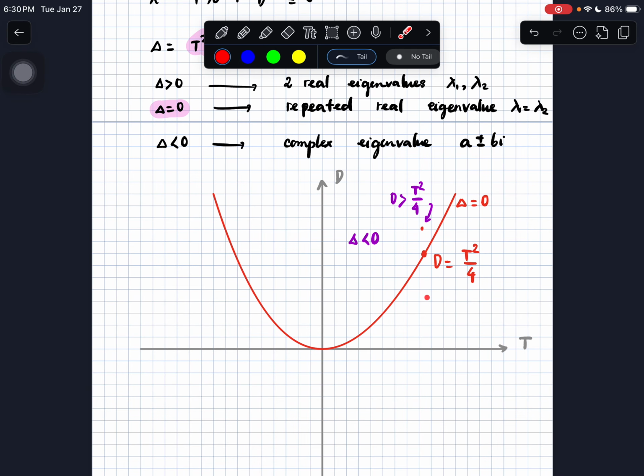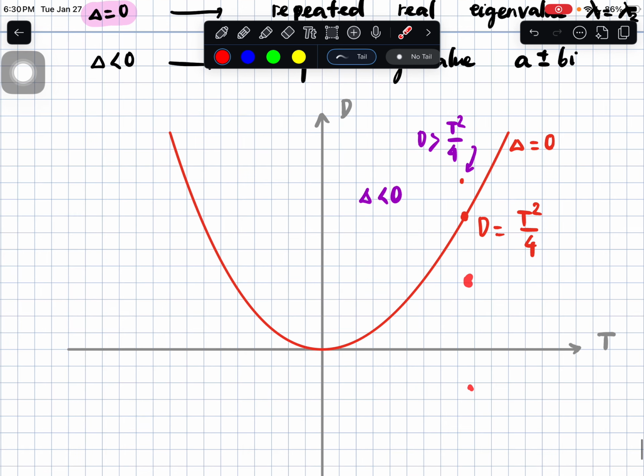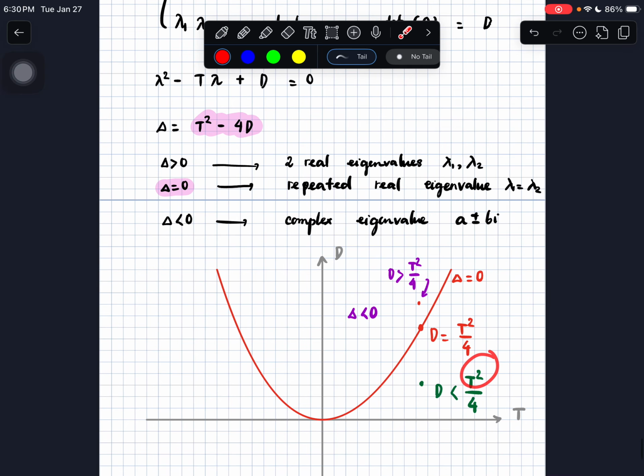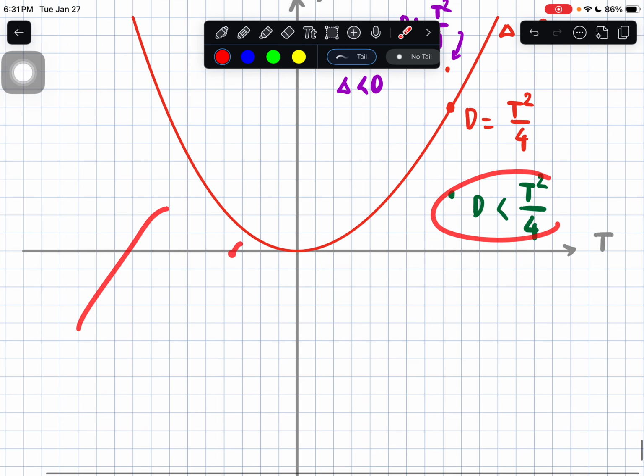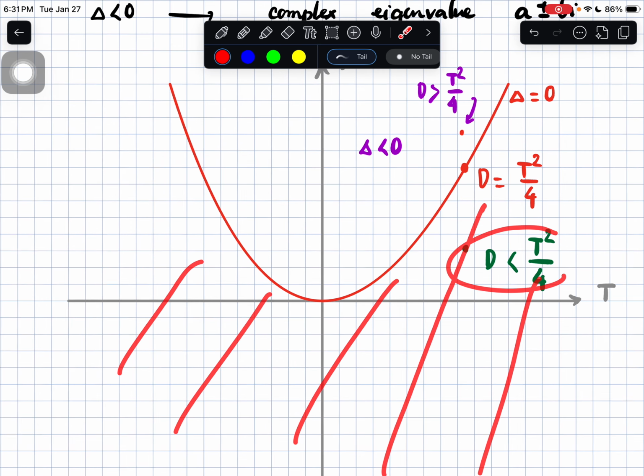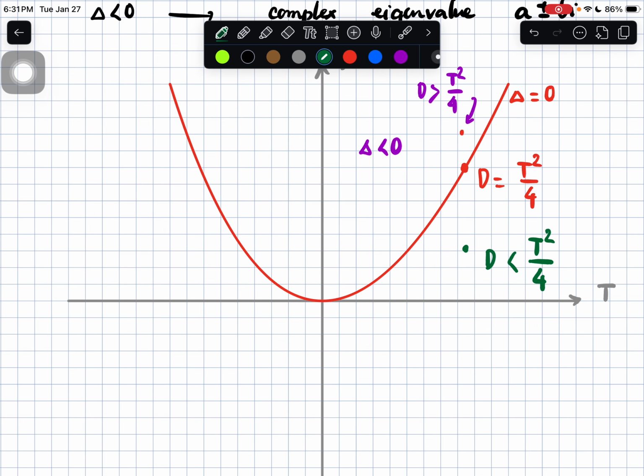So the points in this region correspond to delta negative. And for the points on this other region, for example this one, D is less than T squared divided by 4, or T squared bigger than 4 times D. So this corresponds to delta bigger than 0. For every point below this parabola, delta is bigger than 0.